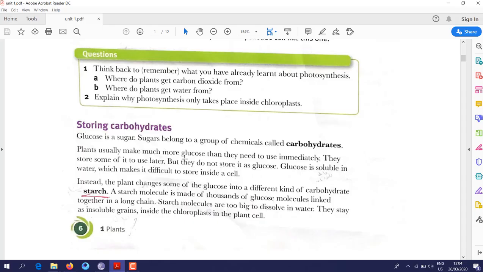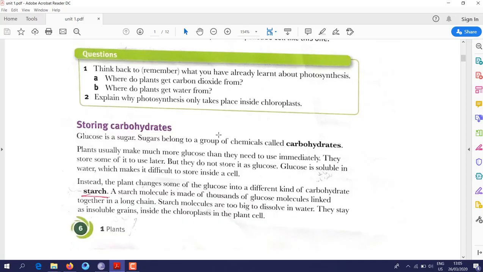Plant will store the extra sugar, okay? Because glucose is soluble in water, if the plant keeps the extra food or extra sugar just as glucose, this glucose will dissolve in the water inside the cell.